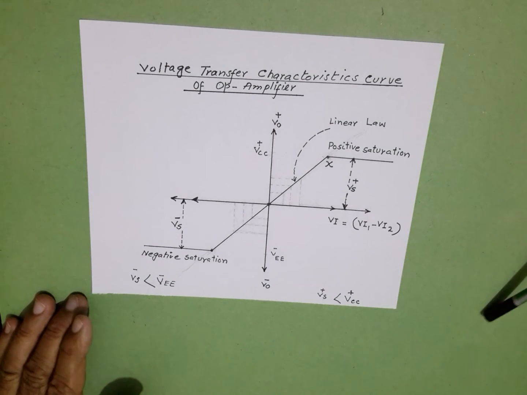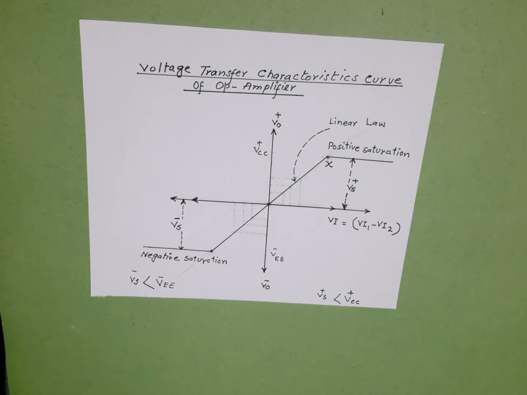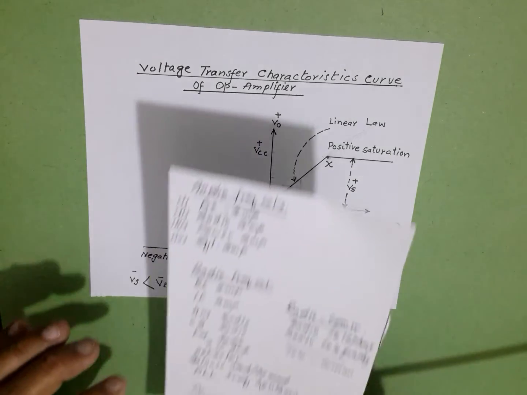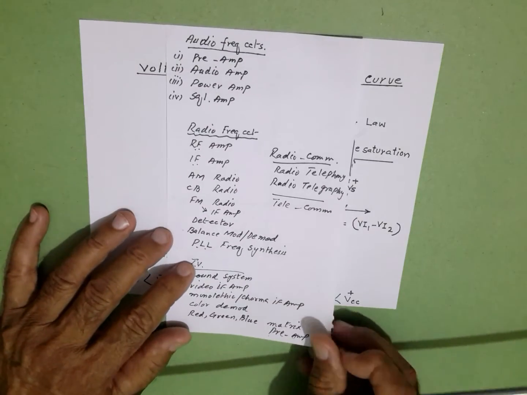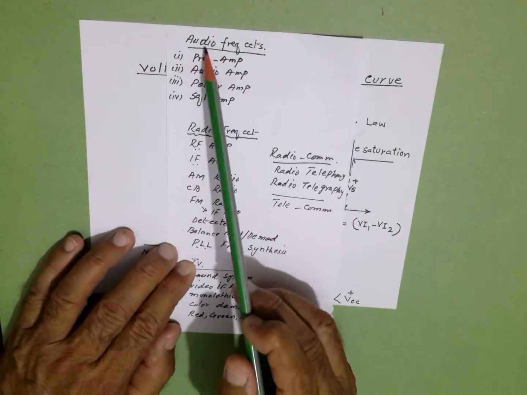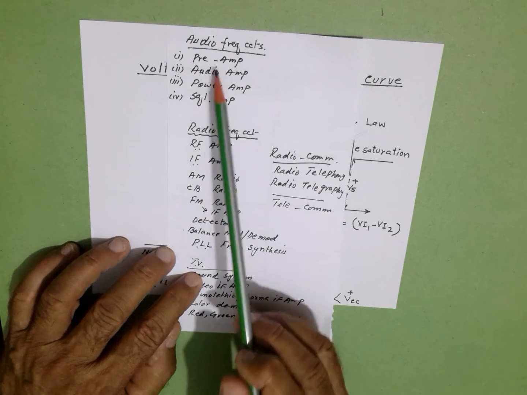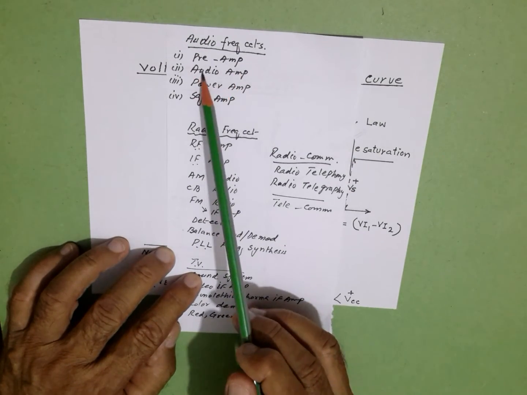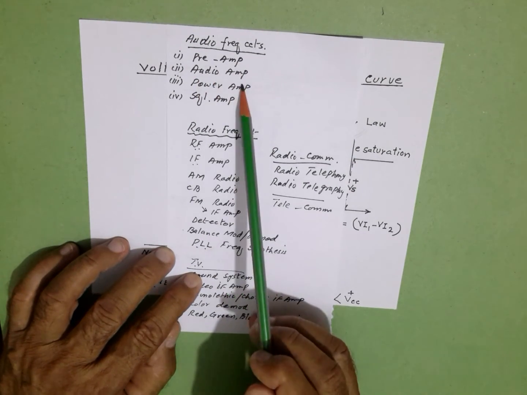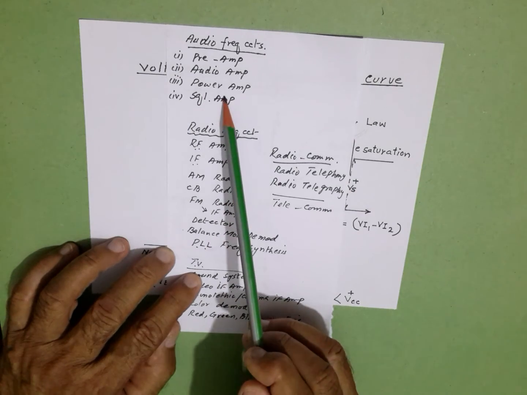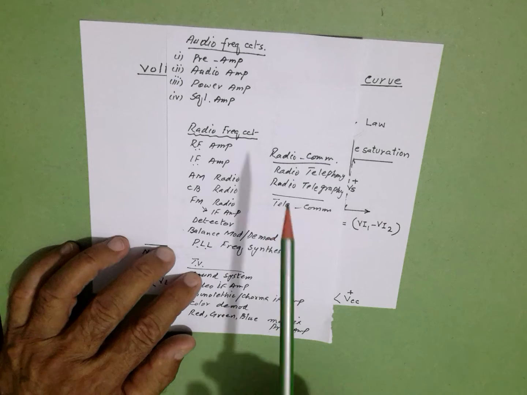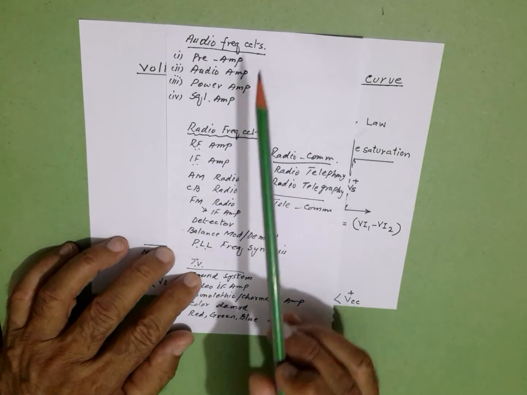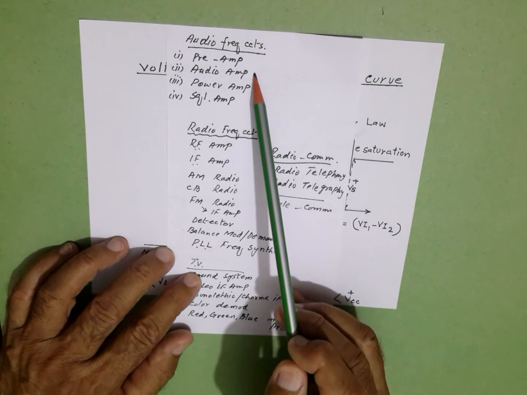Now, when saturation has occurred in a positive direction and you are going to use that particular amplifier in audio frequency circuits as preamplifier, audio amplifier, power amplifier, squelch amplifier, then saturation is going to produce distortion in the audio amplifier, in the loudspeaker.